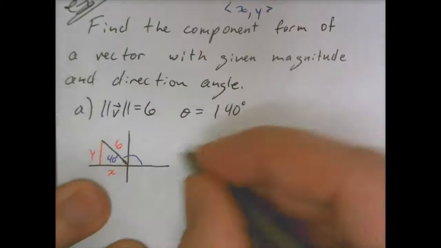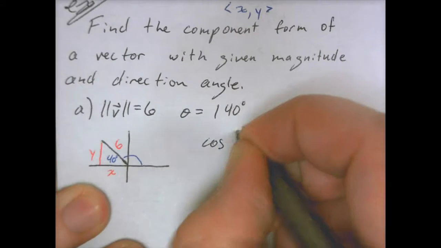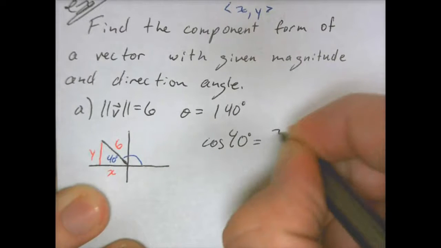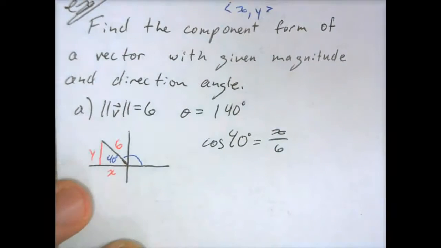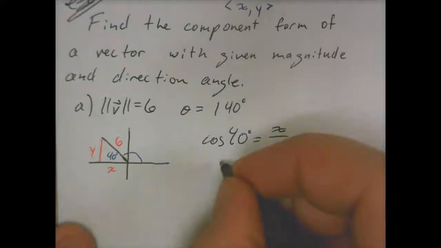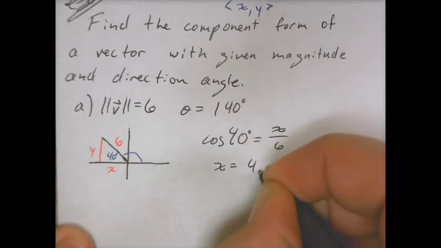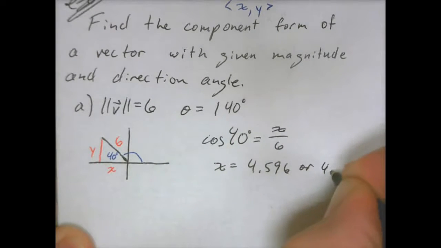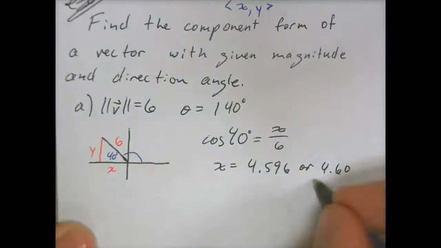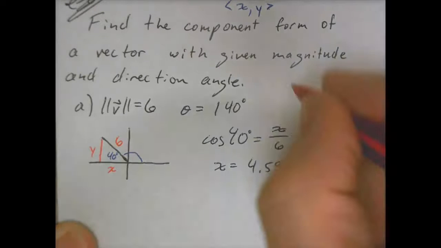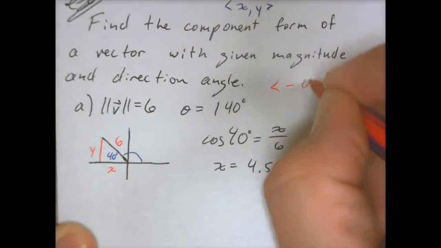If you want to find the x, you can say cosine of 40 degrees is adjacent over hypotenuse. Multiply the 6 to the other side, type in your calculator 6 cosine 40, and get that x is 4.596 or 4.60. I will probably write it like that. And notice, since it's going negative, make sure you put a negative in there. So far we have -4.60.